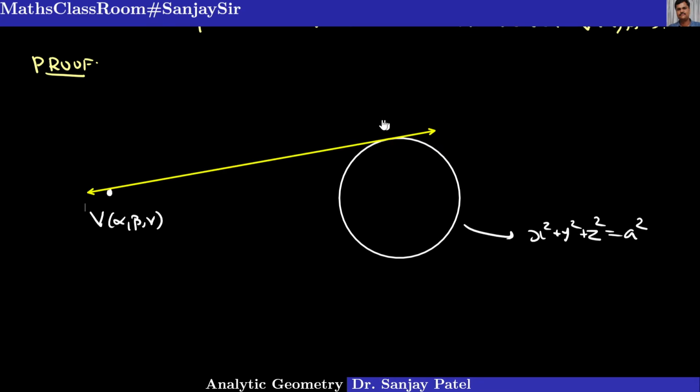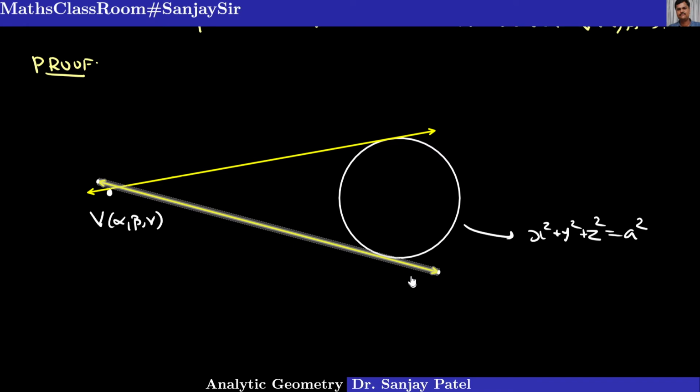And we rotate this line in 3 dimension in such a way that for all its positions this line keeps on touching the given sphere. So even if you rotate, the line will touch the sphere like this.